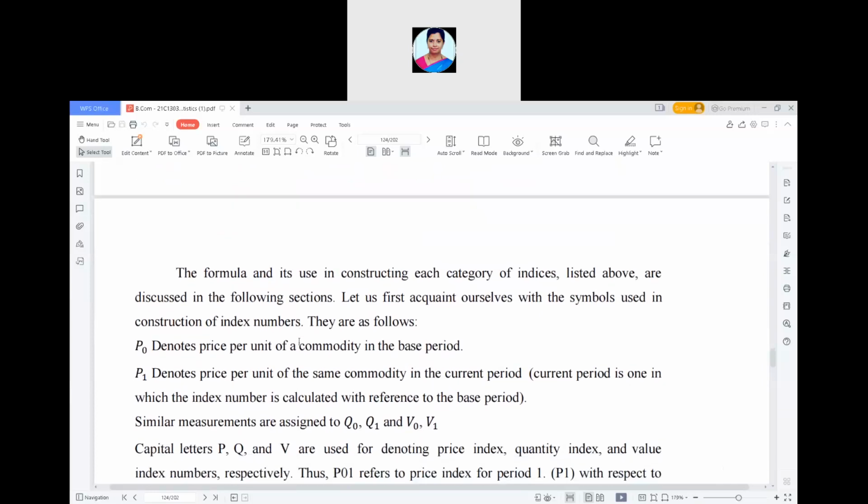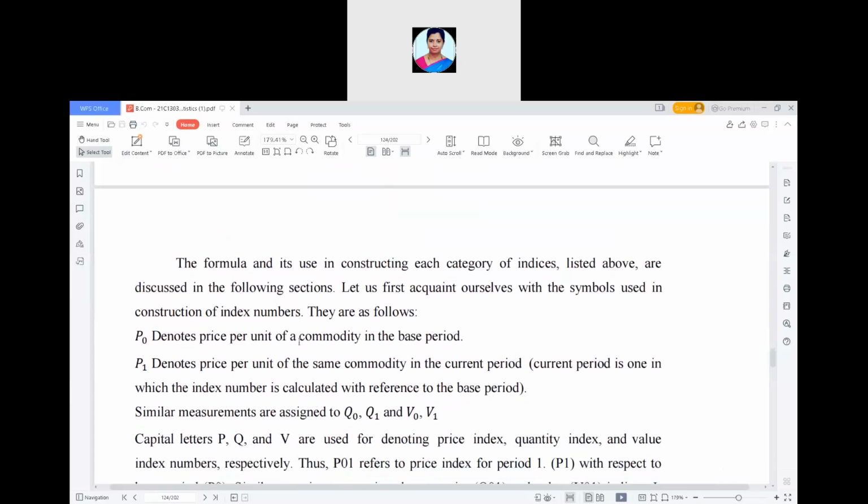P naught represents the price per unit of a commodity in the base period. The suffix naught represents the base period, and P1 denotes the price per unit of the same commodity in the current period.